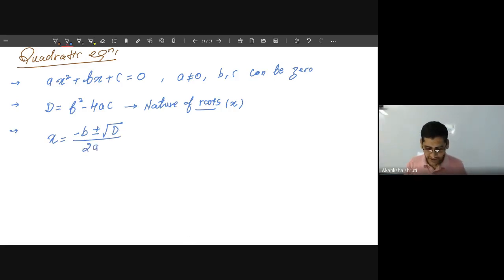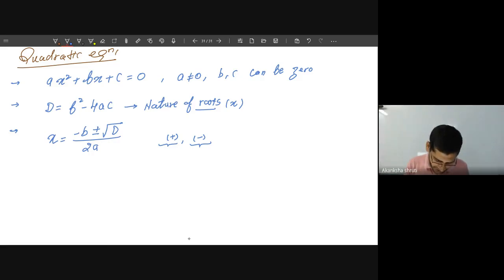Student, in this quadratic formula, once we have to take the positive sign and another time the negative sign. While taking the positive sign we may get some value, and with the negative sign we may get a different value of x, unless d is 0, which is the condition for equal roots.